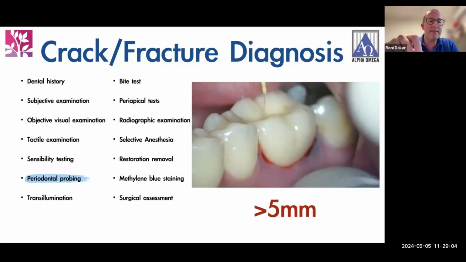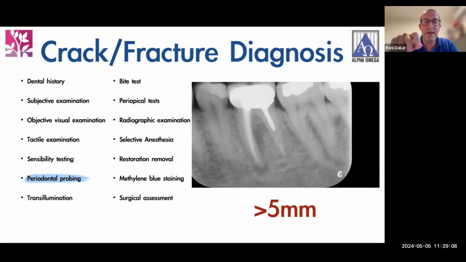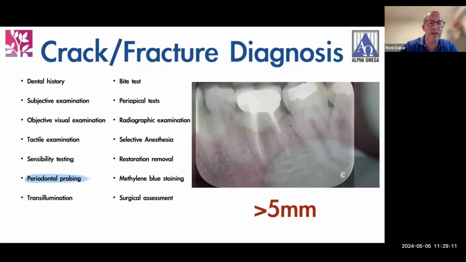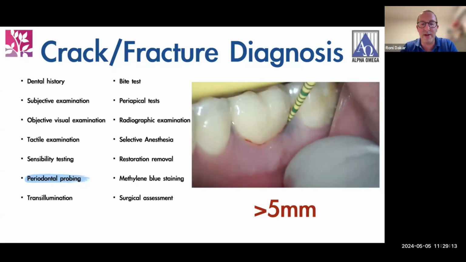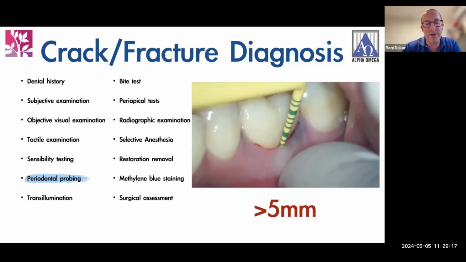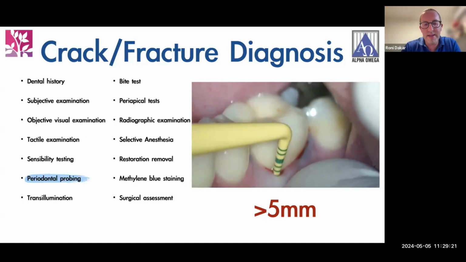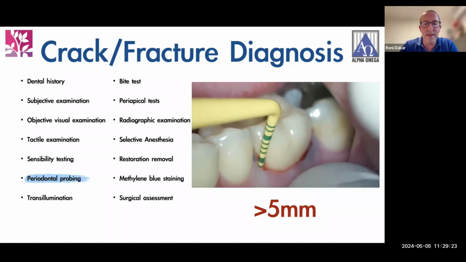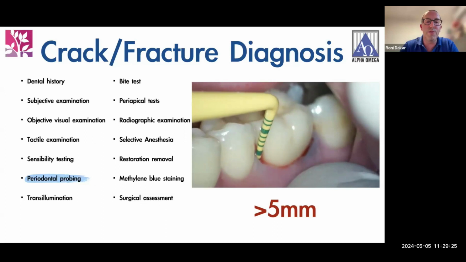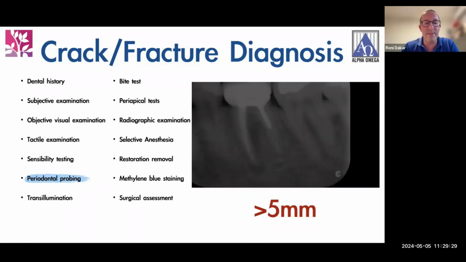When there is a localized pocket greater than 5 millimeters, this is the point at which we need to suspect the presence of a crack, or in the case of my video, a fracture, a VRF. This is an important point that I want you to remember: a localized pocket over 5 millimeters.